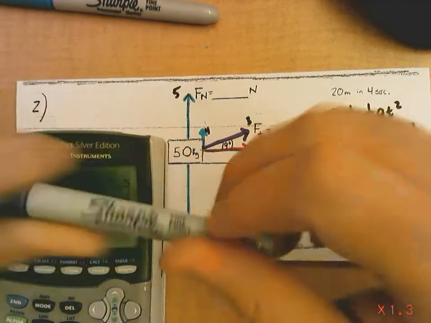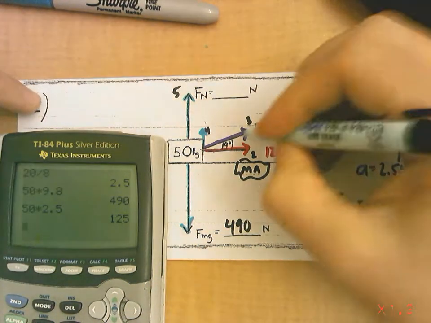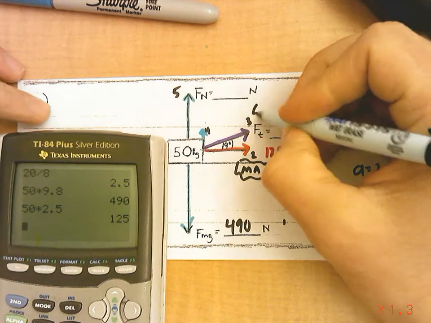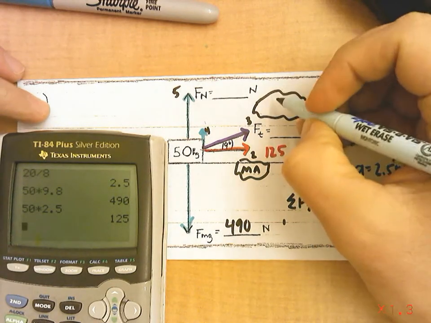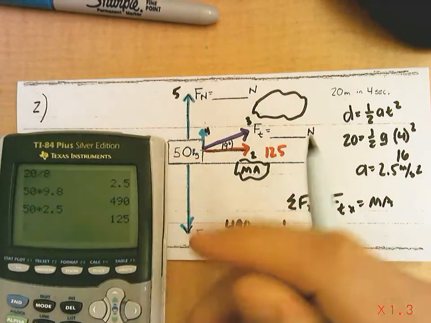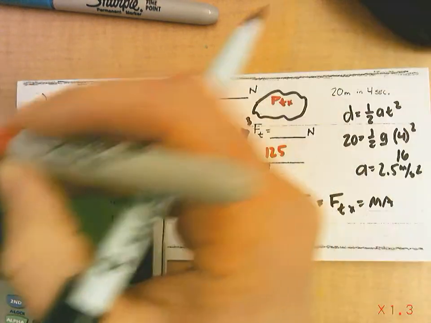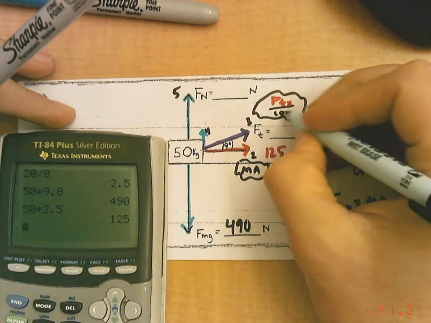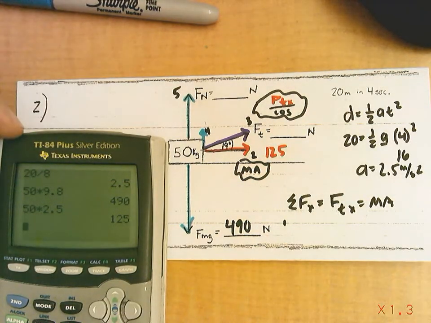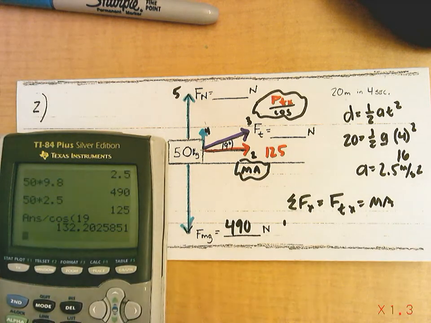Once we solve for the x component, we can then use more trig to come up with the resultant, or overall. So to do this, we have to take our answer for the red arrow, FTX, and divide it by the cosine of the angle. So we take 125 and we divide it by cosine of 19, and we get 132. So that's the hypotenuse.